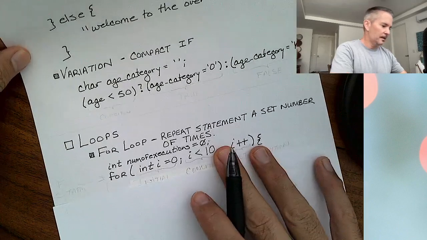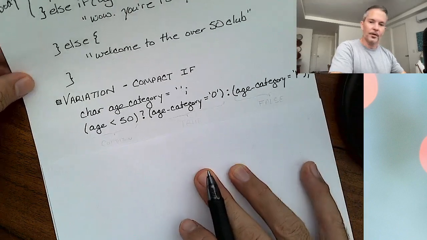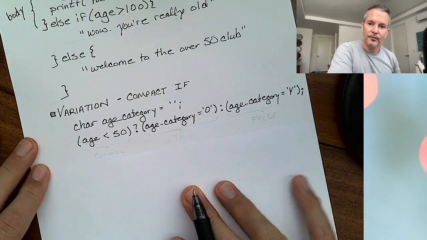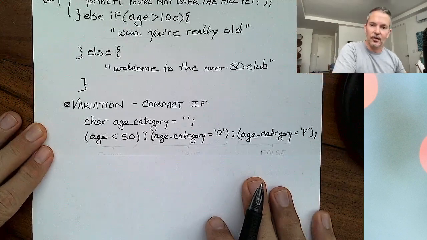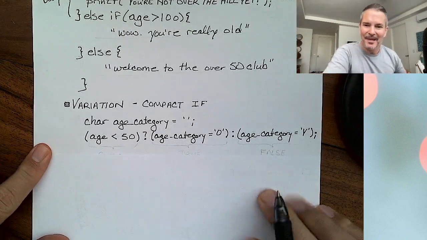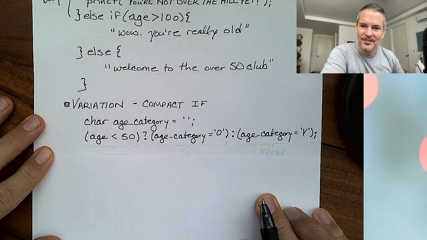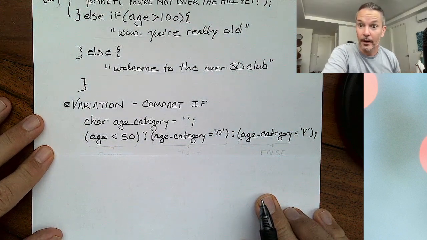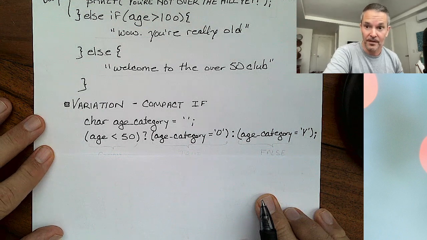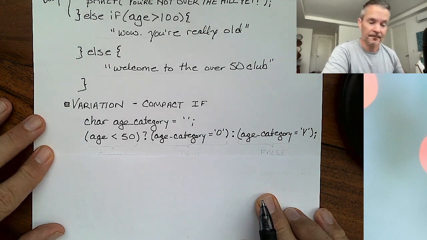All right, let me also walk you through a little variation that we can take on the if statement. I'm not a big fan of this, but I just wanted you to be aware that this is available to you. It's another way to write an if statement.